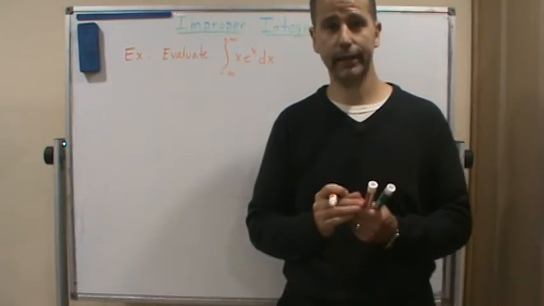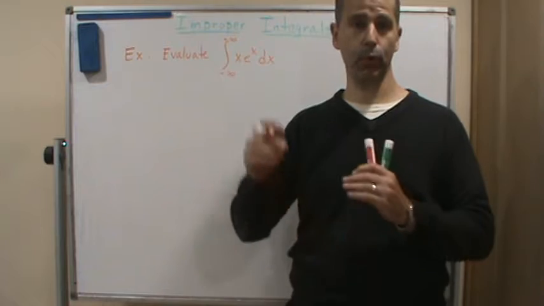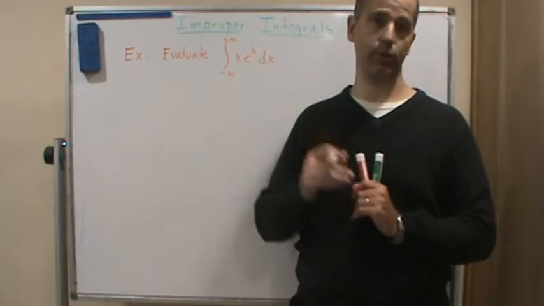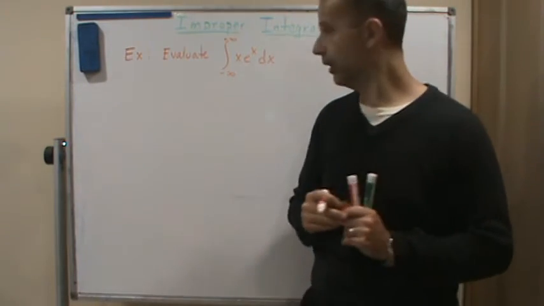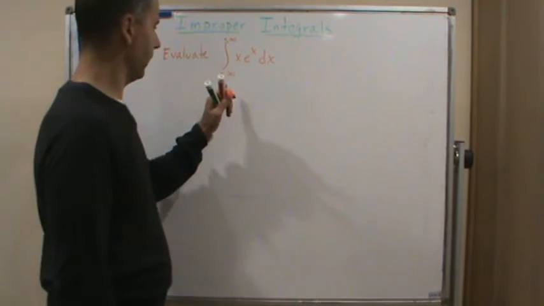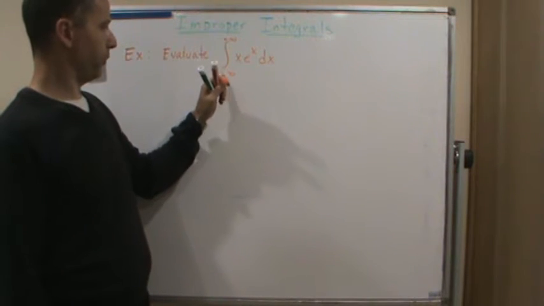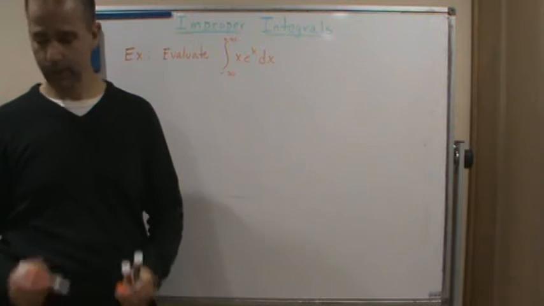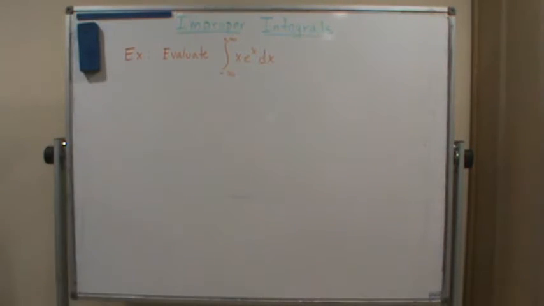Okay, so welcome back, and now we're going to do an example where both limits of integration are infinite. So in this example, we're going from negative infinity to positive infinity. And so what I want to do is split this up into two improper integrals.